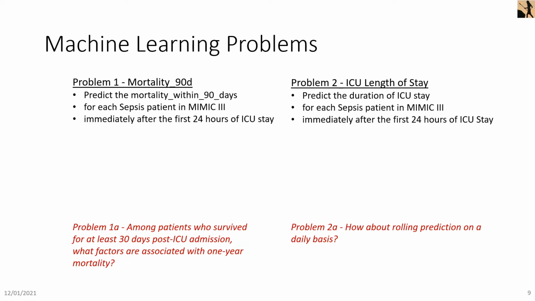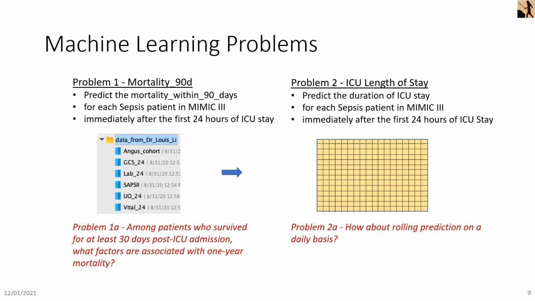And for the second problem, the variation might be how about we have rolling predictions on a daily basis, right? The original problem is after the first day, and what is the prediction after the second day? Things like that. But among all of them, we have some data to start with, and we like to go through the process to identify all the attributes that might be useful.